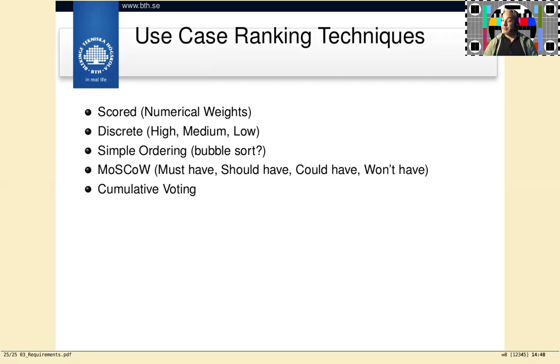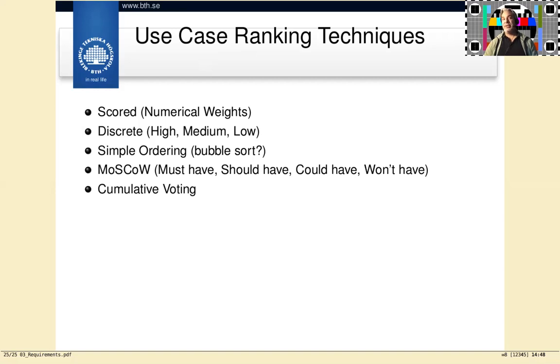MoSCoW is a method that you'll see often in agile communities. It's sort of like a discrete ordering, but we avoid the medium and low categories at least. We say that some requirements are must-have. For this release, we must have these requirements.